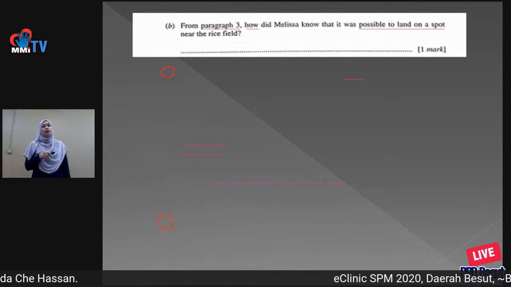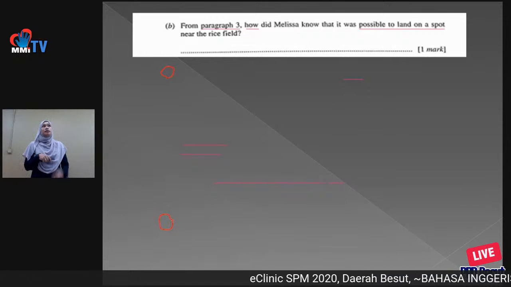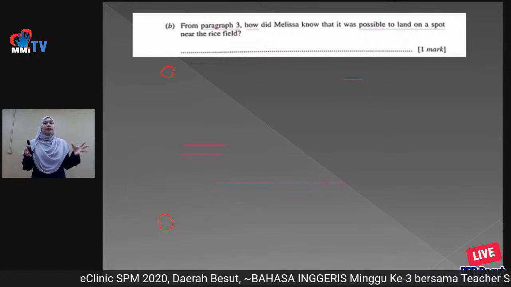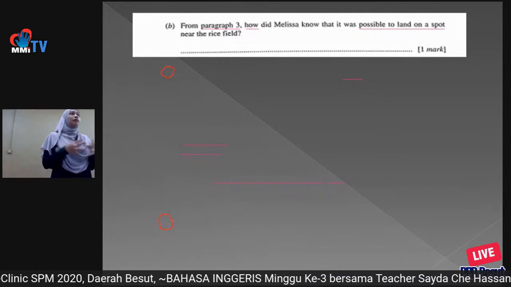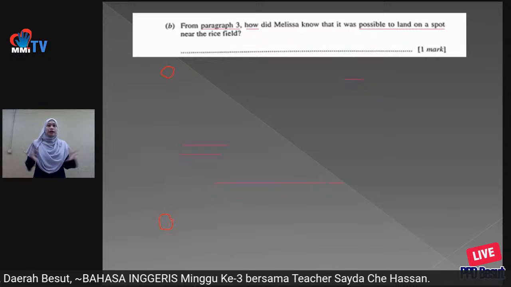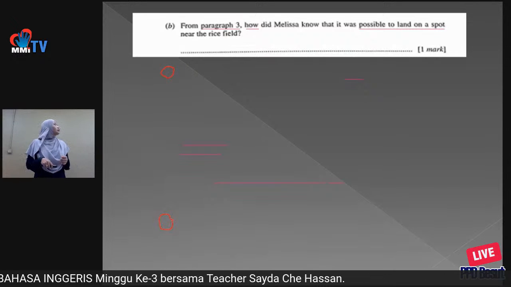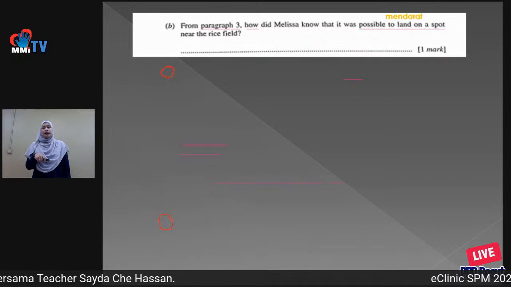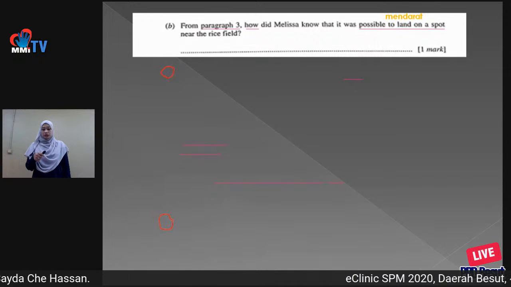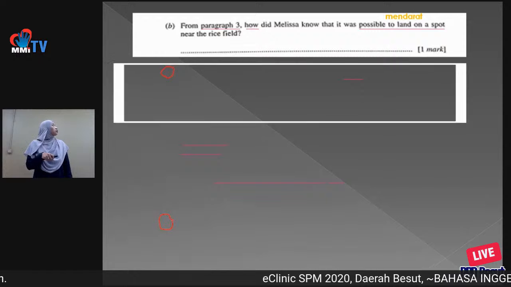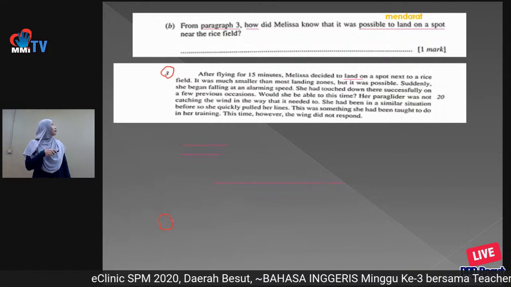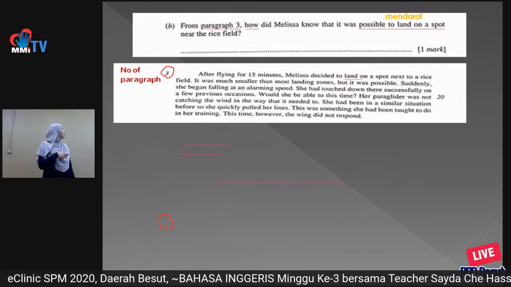Okay, but then because the concept here, we are talking about Melissa flying. Okay, so to land maksudnya mendarat. Okay, she wants to land already now. Okay, for paragraph 3, that is paragraph 3, the number of paragraph.